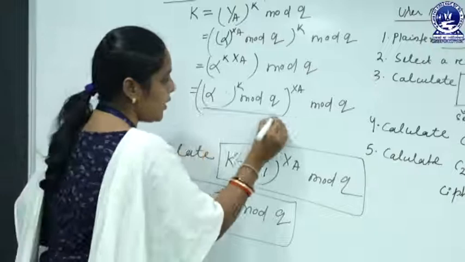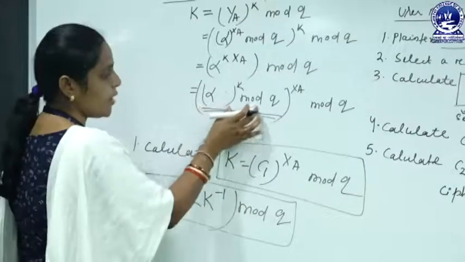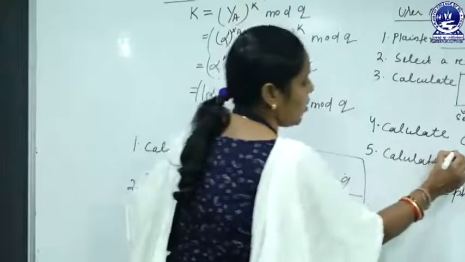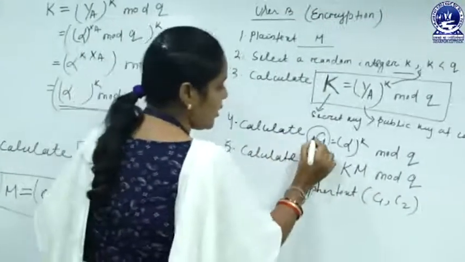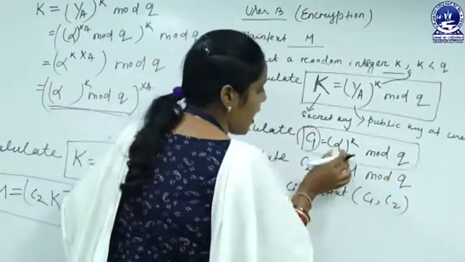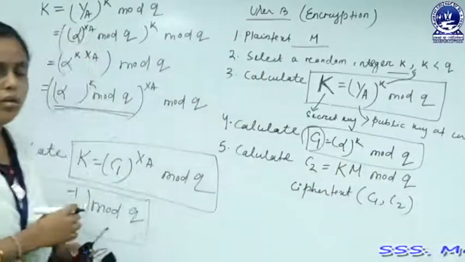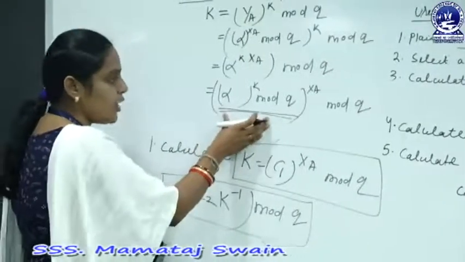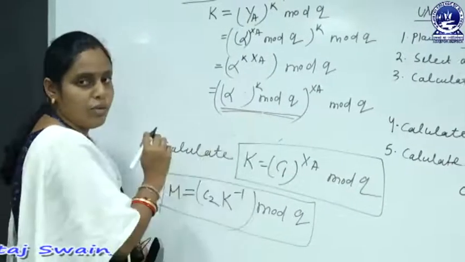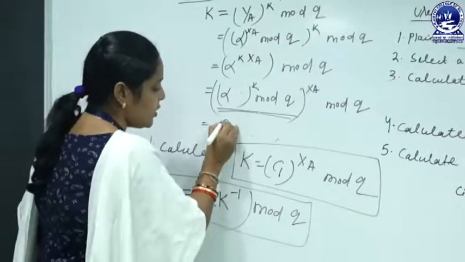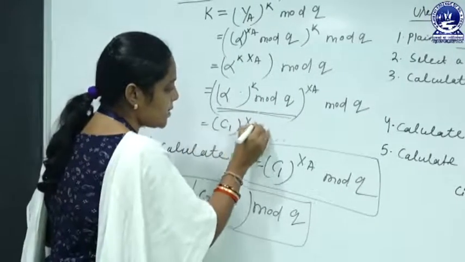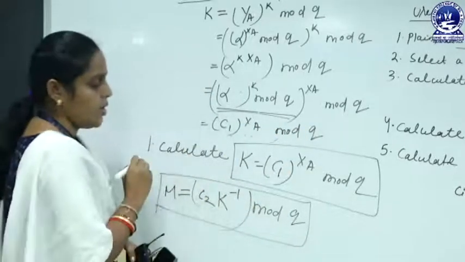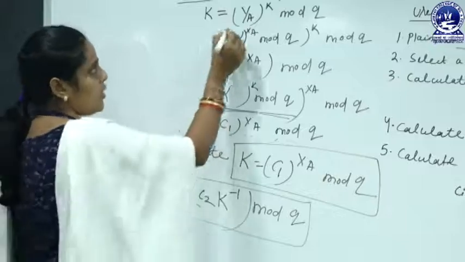Now look at this one, alpha to the power k mod q. This value is replaced by our C1 value, because C1 is alpha to the power k mod q, which is calculated by user B. That means we can replace it as C1 to the power xa mod q.